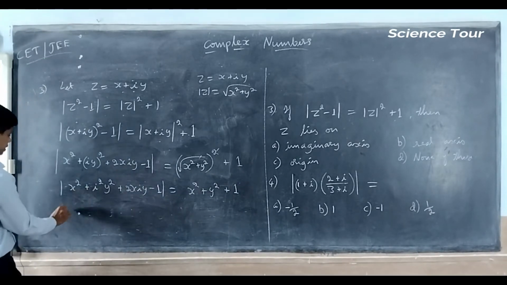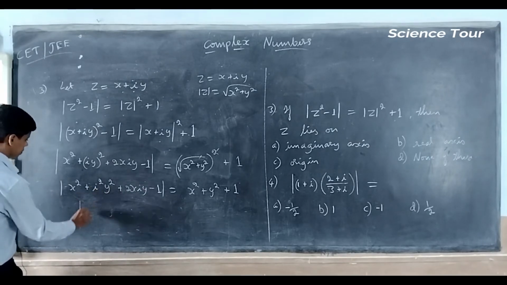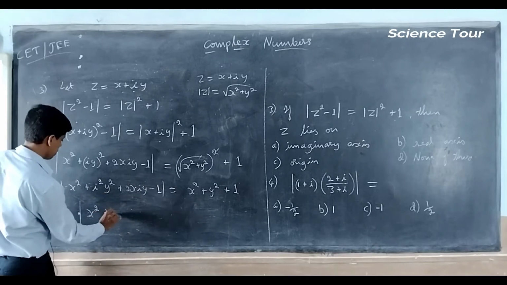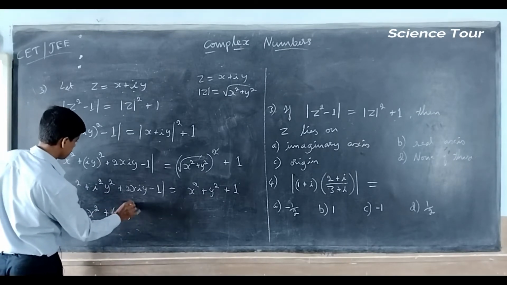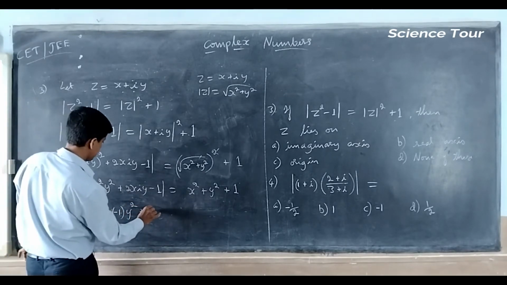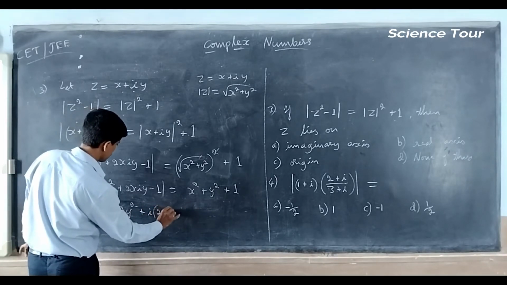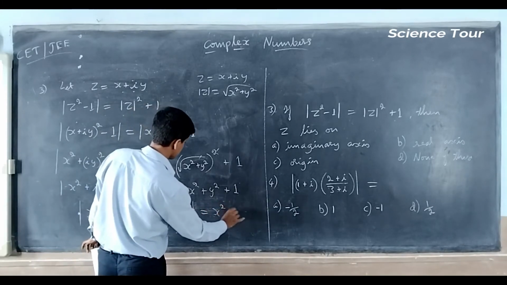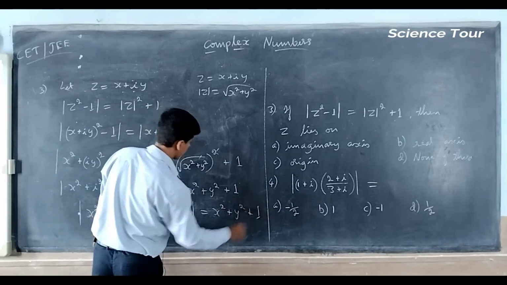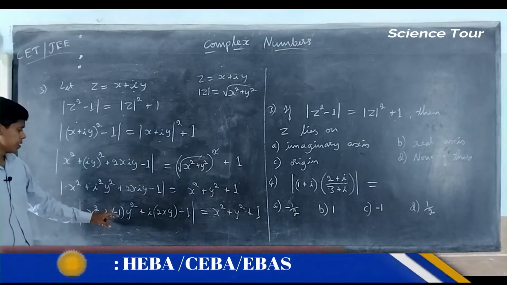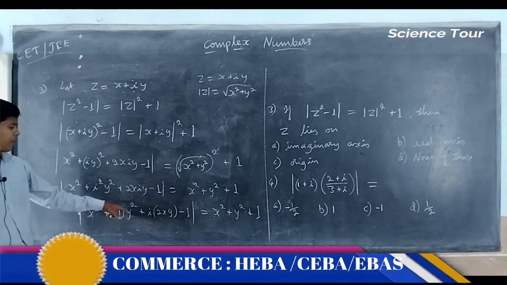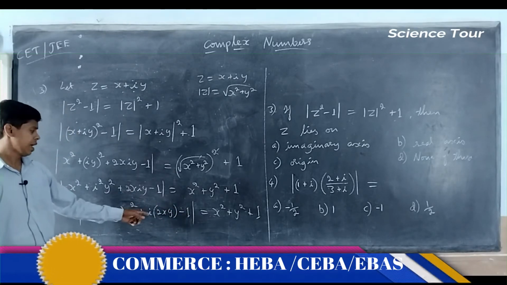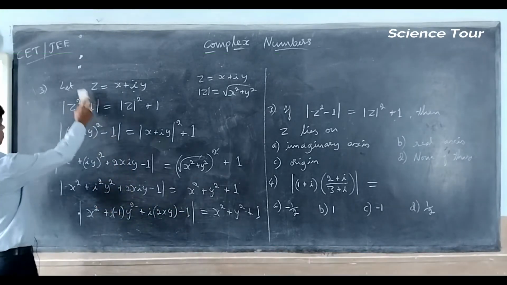Now let us replace this. You have got x square and then plus minus 1 into y square, and I'll take i and 2xy here, and then minus 1, that is equal to x square plus y square plus 1. Yes, now this is like x square minus y square, and this is also the real part, so we'll bring it together, and the imaginary part we'll take separately.